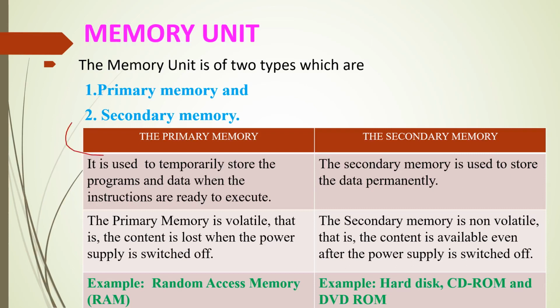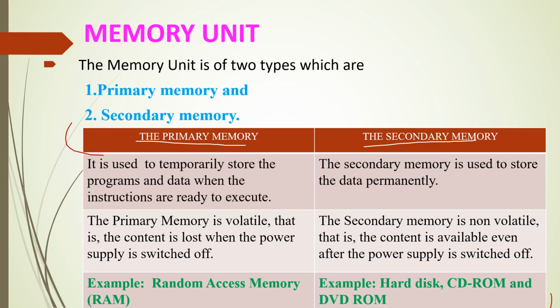So listen carefully. This is the tabular column: primary memory and secondary memory. What is meant by primary memory? It's a temporary memory. Before saving the document, the data is just held there, and after we save our data, it moves to the secondary memory.